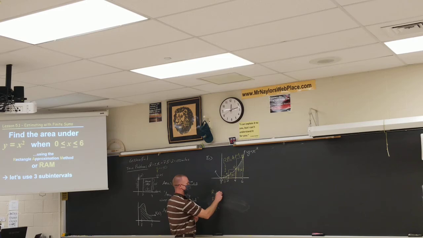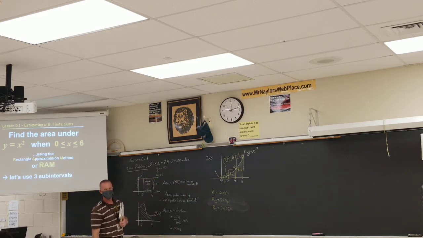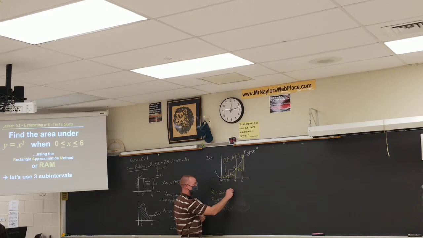So my first rectangle is a 2 by 4. My next rectangle is a 2 by 16. And of course, the last one's 2 by 36. So we have the width and the height of each rectangle, some pretty basic math, which is actually why this is a nice method.